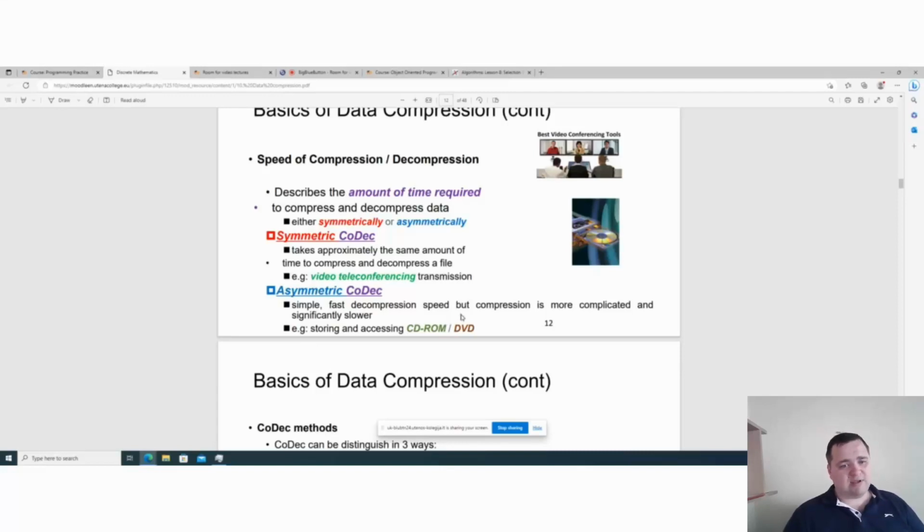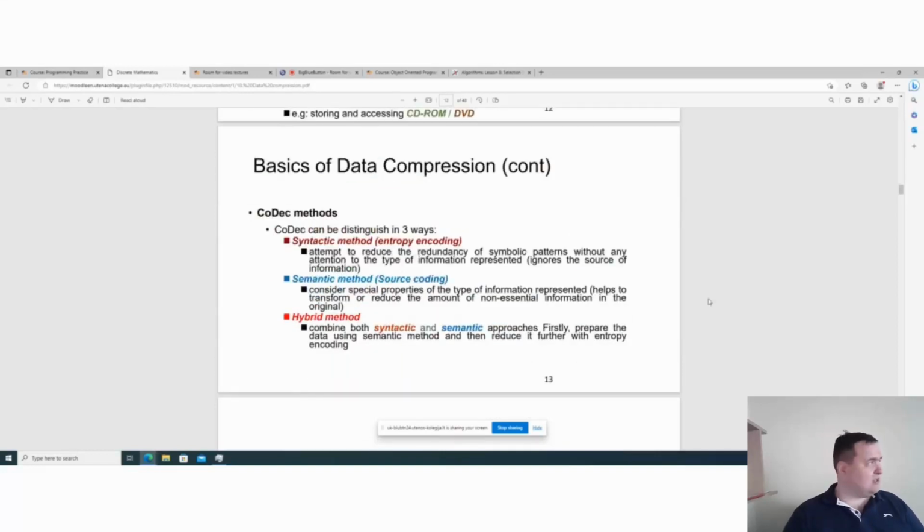But at the same time, we cannot really make a strict prognosis of the time needed. For example, we can show that it needs 6 minutes, but in reality it's 1 minute, or the other way around: we show 1 minute, but in reality it takes, let's say, 6 minutes. So that's about the asymmetric codecs. They're used, but mostly for writing information on drives, for example CD, DVD, and so on.